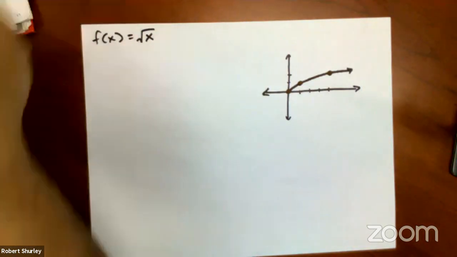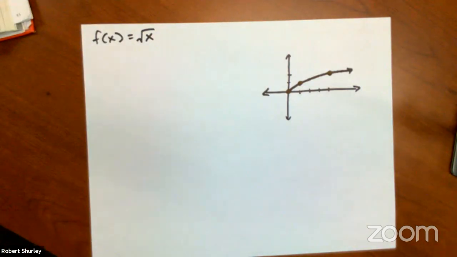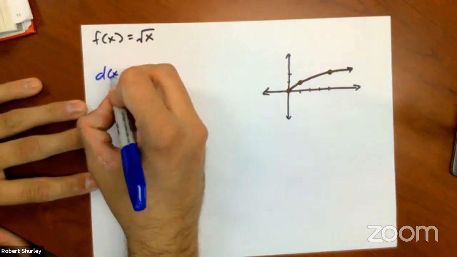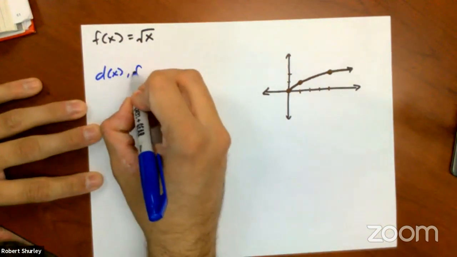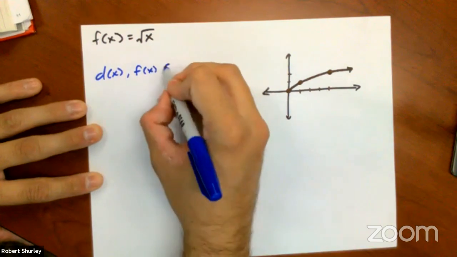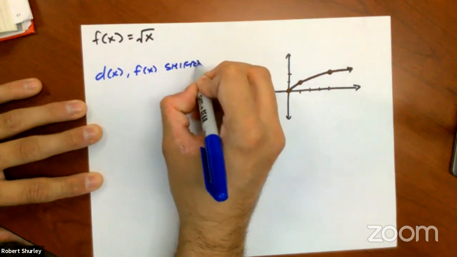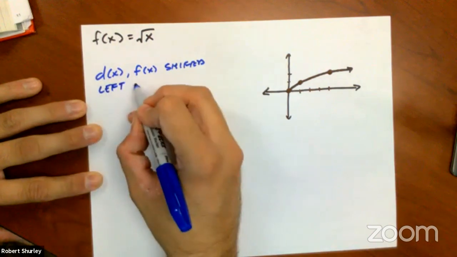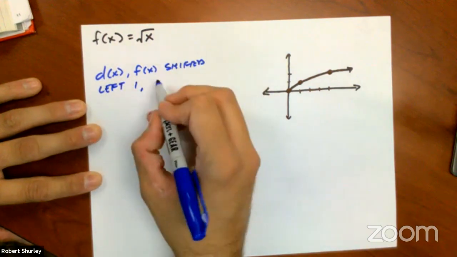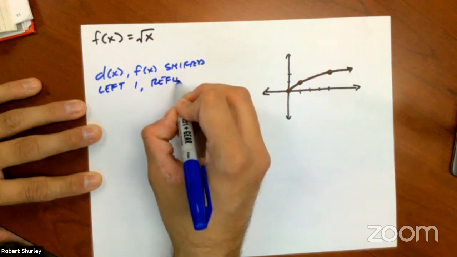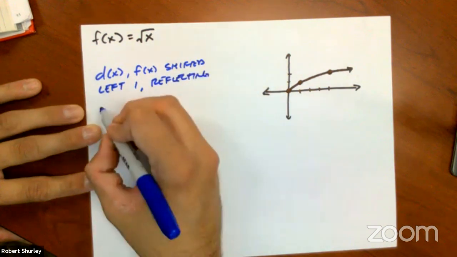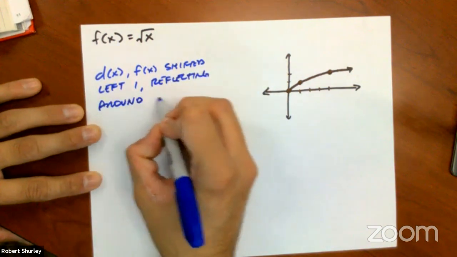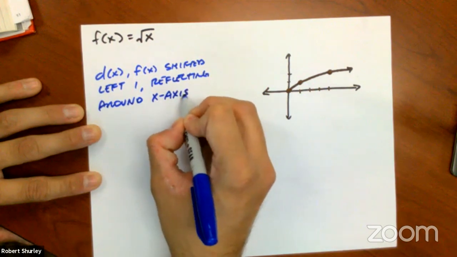So let's find d of x. D of x is f of x shifted, let's go left 1 and then reflected around the x-axis.